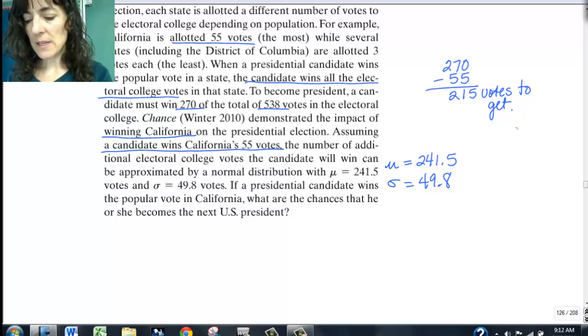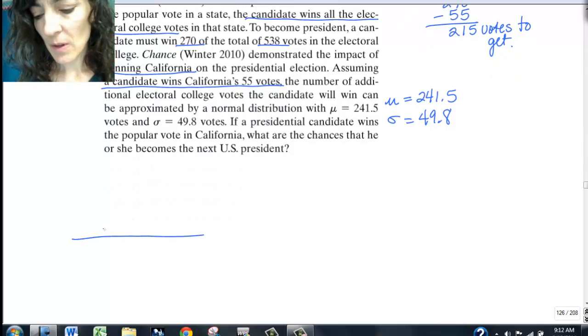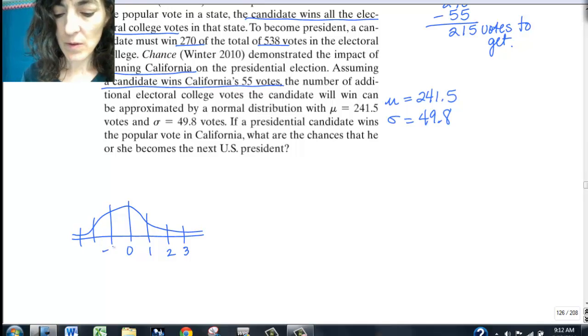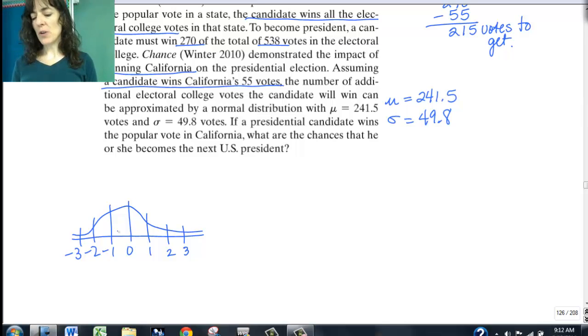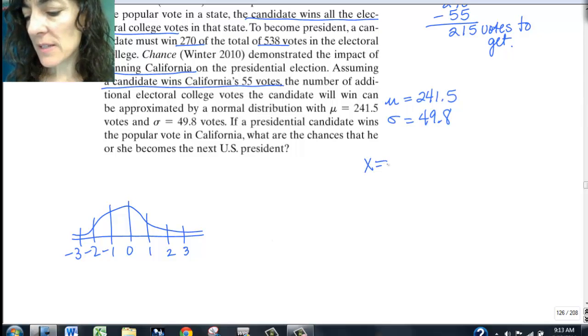So first, let's draw a little picture and see what that looks like. We need to figure out where our mark is for they have to get at least that many votes. So we want to find out if my x is 215, what is my z?